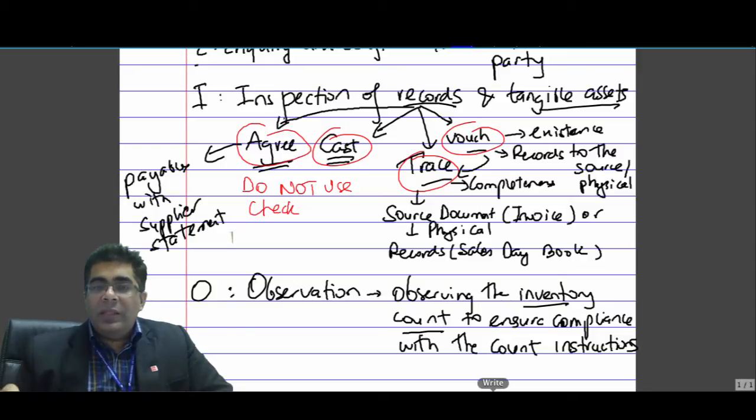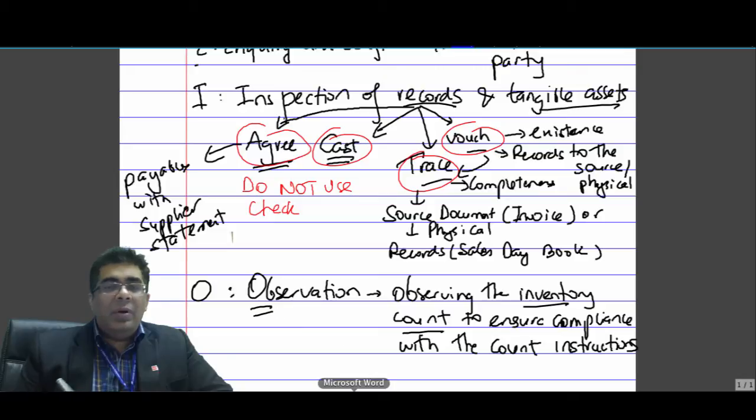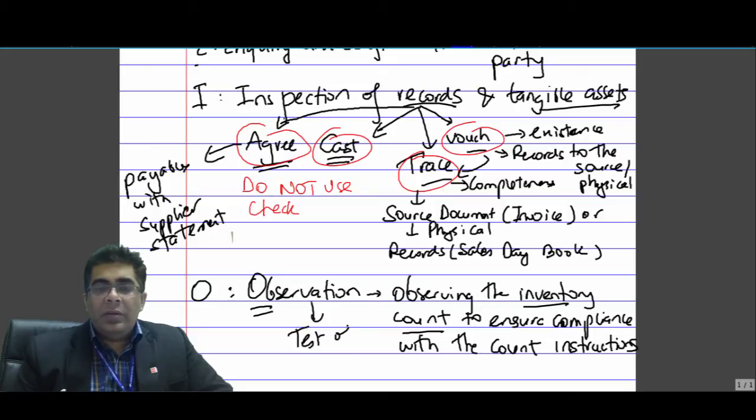We want to make sure that if there is any exceptions report, meaning differences between the records and the physical, they are actually recording those differences, because we need to know whether those differences are accurate or complete. Maybe because we want to avoid inventory being overstated or understated. So we do that through observation. Please remember, observation is mostly used for test of control.